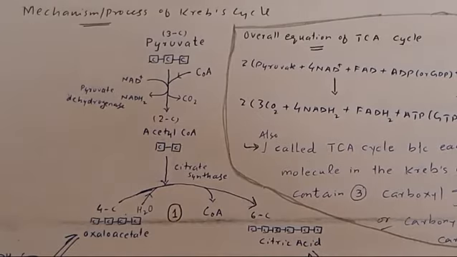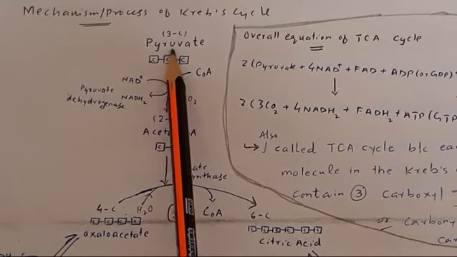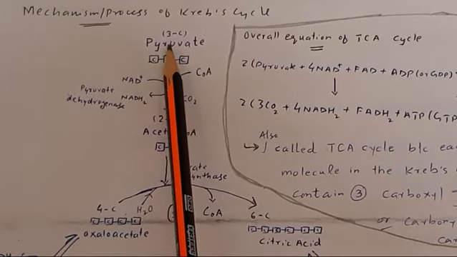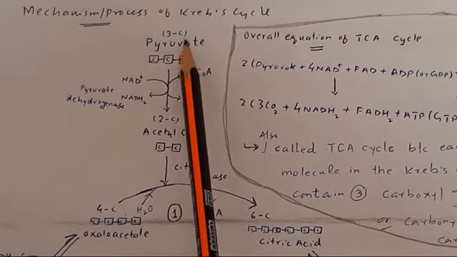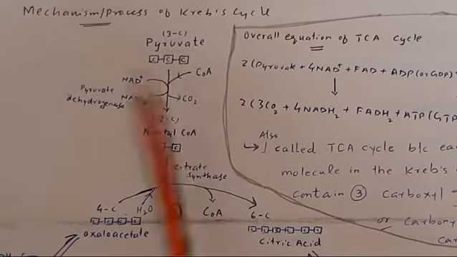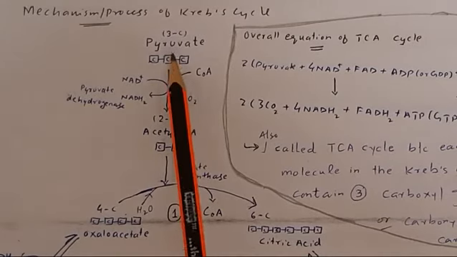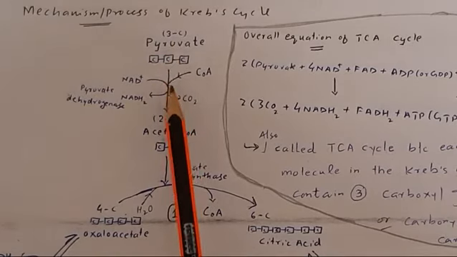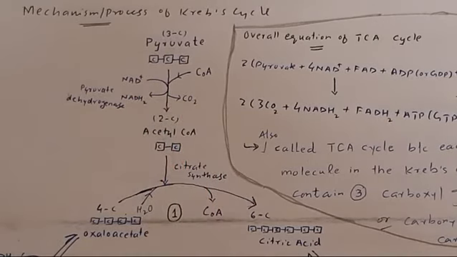If you remember from the last lecture, 2 pyruvate molecules are produced at the end of glycolysis, and pyruvate is a 3 carbon molecule. During the linked reaction, the pyruvate does not enter the Krebs cycle directly. This pyruvate is oxidatively decarboxylated.